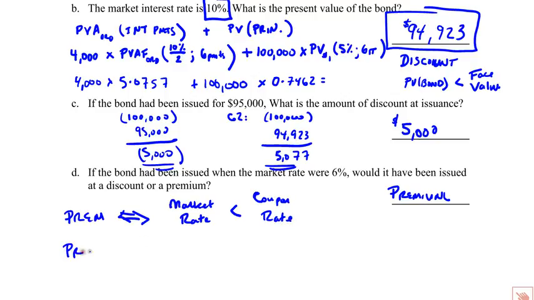And premium is defined as the present value of the bond greater than the face value.